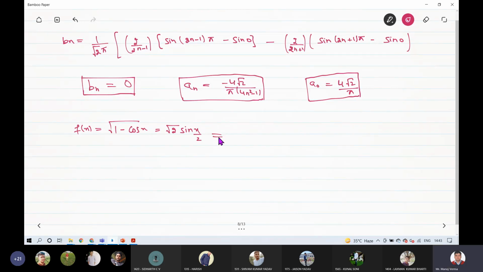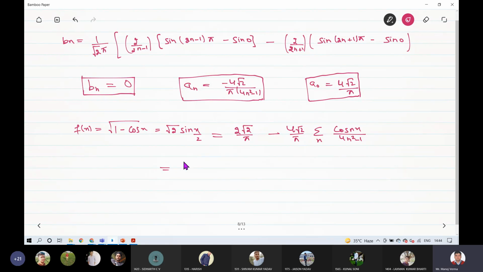The Fourier series expansion for this function is 2 root 2 over pi, because it was a naught by 2. So a naught by 2 will be 2 root 2 by pi minus an, minus 4 root 2 over pi, summation of cos nx upon 4n square minus 1.